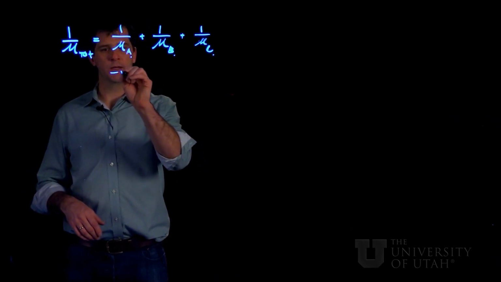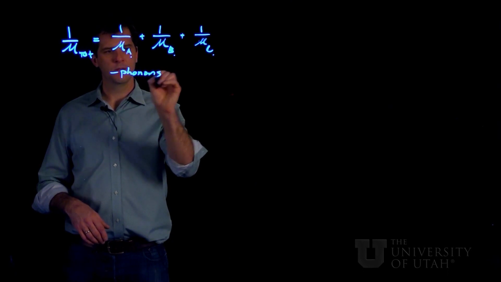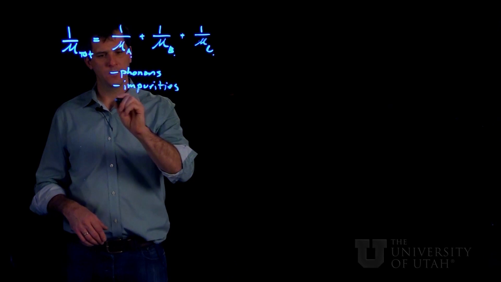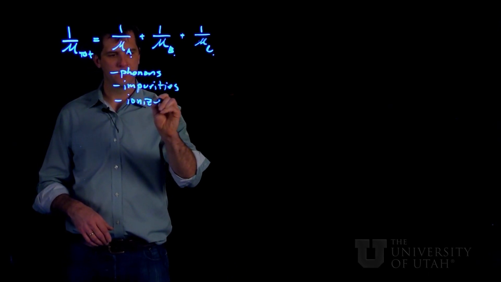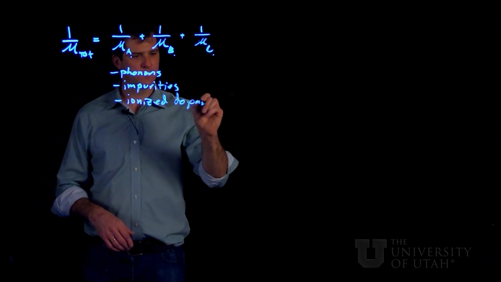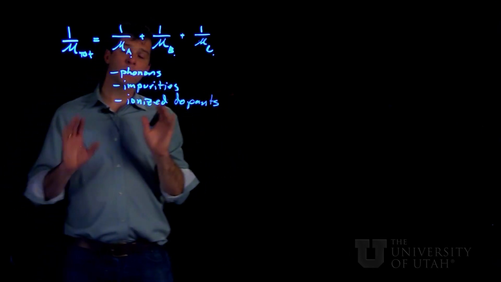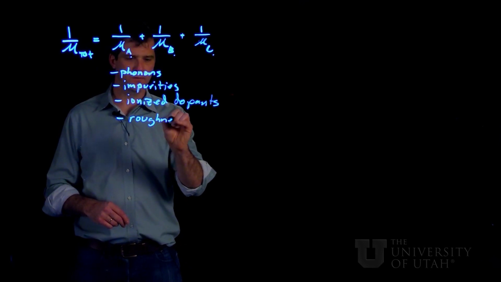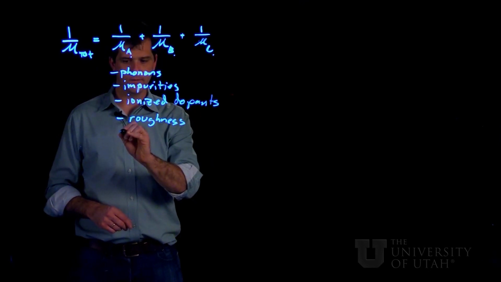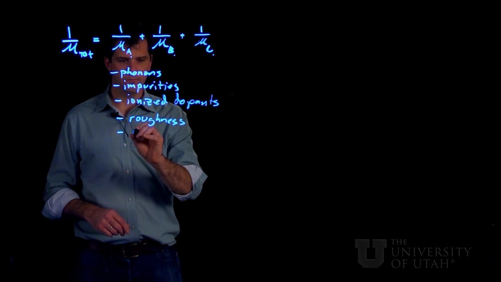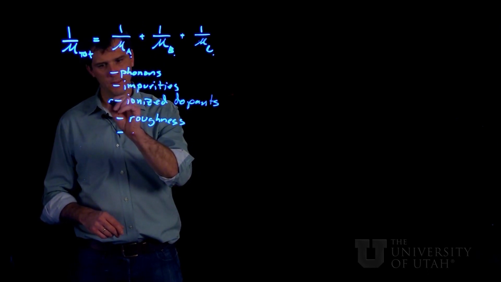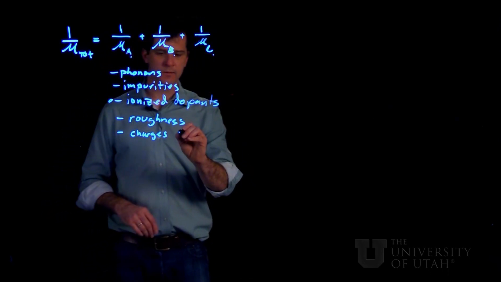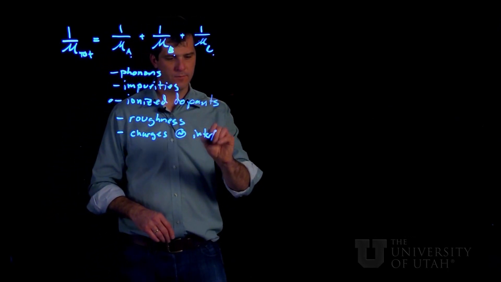So typically we have phonons, impurities, ionized dopants, and now we're going to add a new one, which is roughness, and even another one which kind of has to do with ionized impurities, but scattering from charges at the interface.